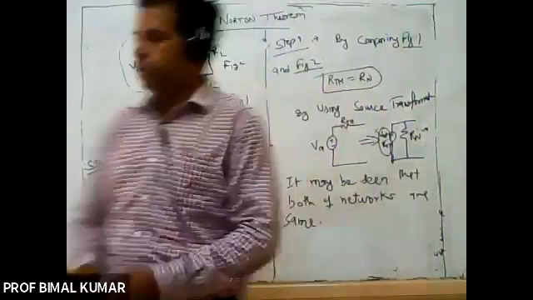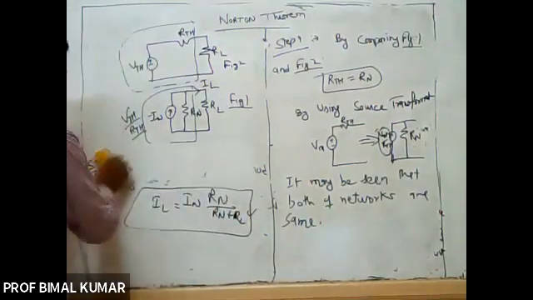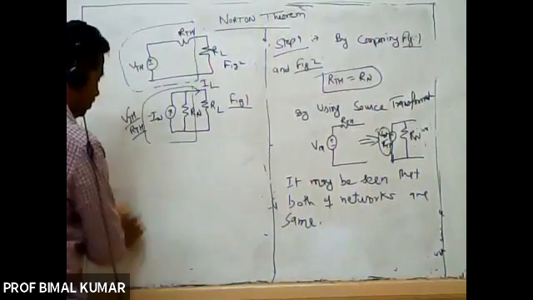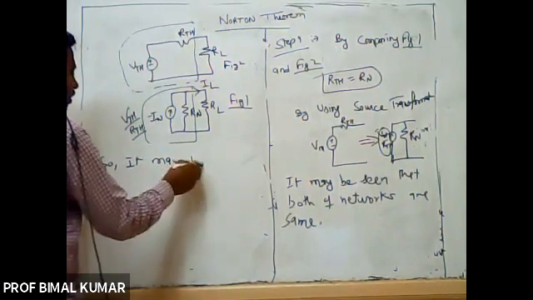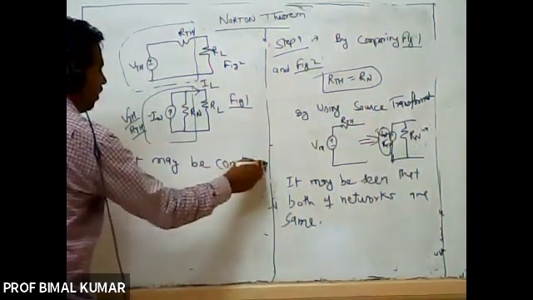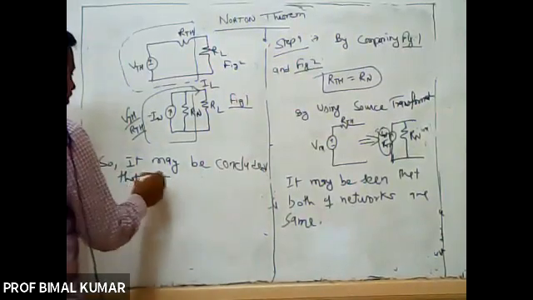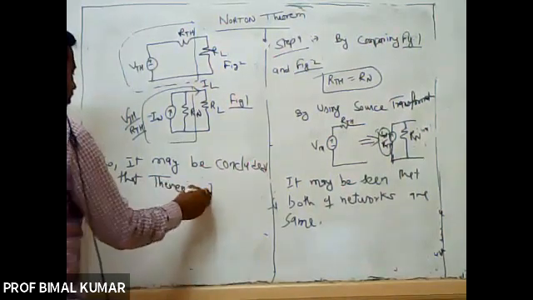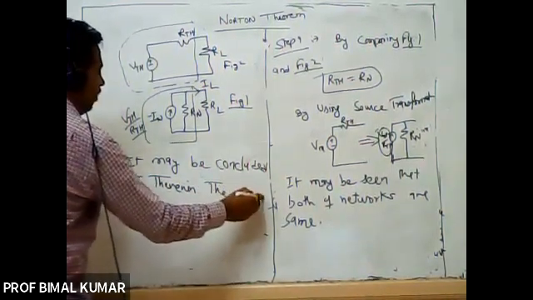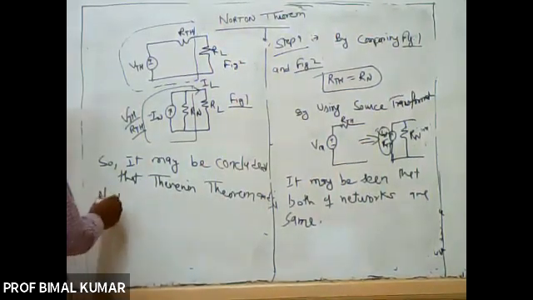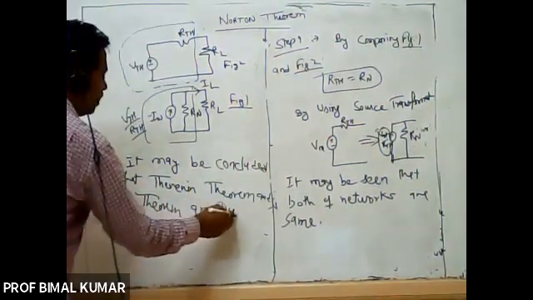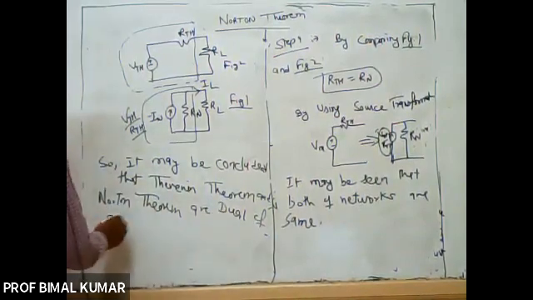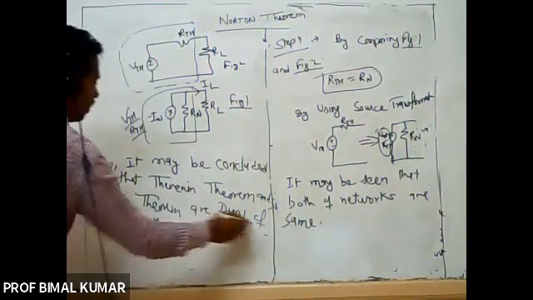So we may say that Thevenin theorem and Norton theorem, it may be concluded that Thevenin theorem and Norton theorem are dual of each other, right?